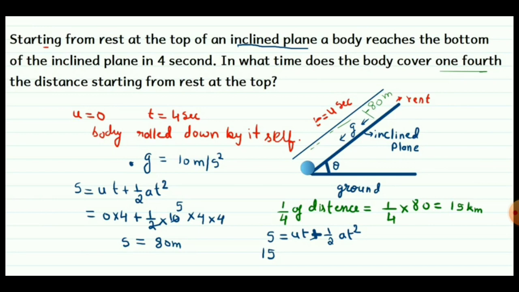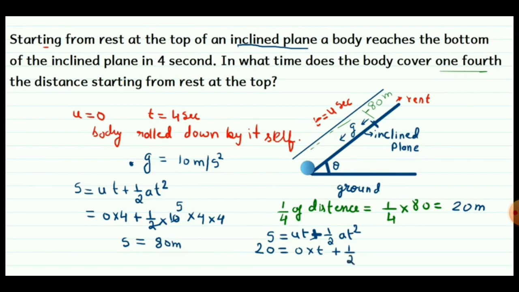Let me write over here 20 meter. Because time is in seconds, distance will be in meter only. This is the unit of distance. 20 meter. Initial velocity is 0 as well.